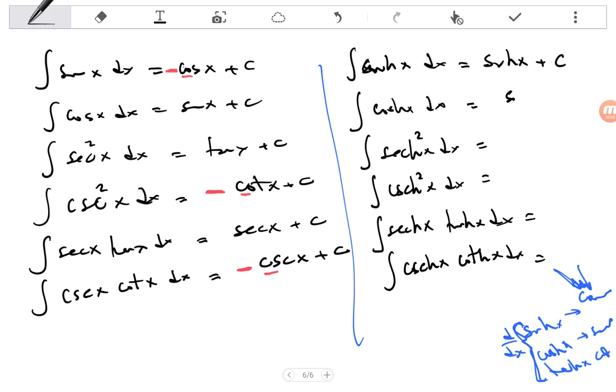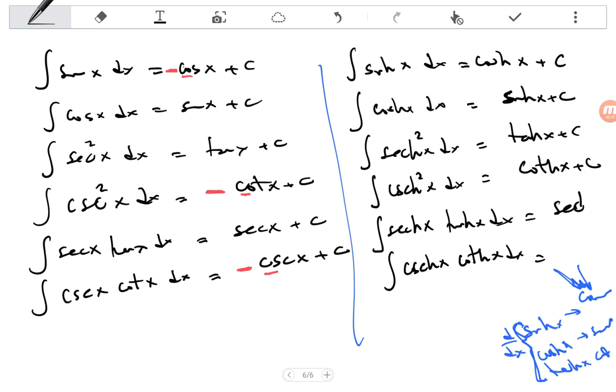The integration of cosh is sinh. The integration of sech squared is tanh. The integration of cosech squared is cotanh. The integration of sech tanh is sech. The integration of cosech cotanh is cosech.